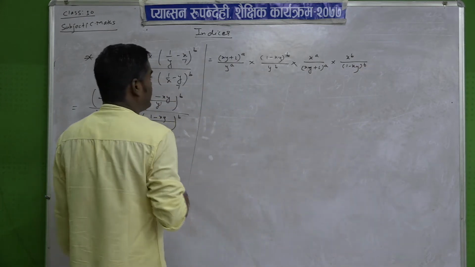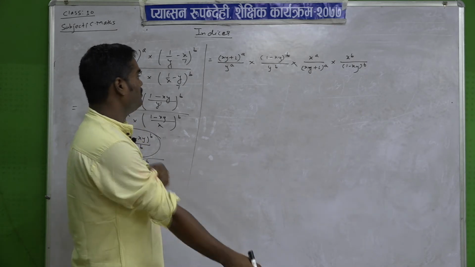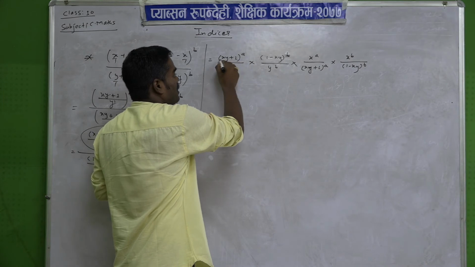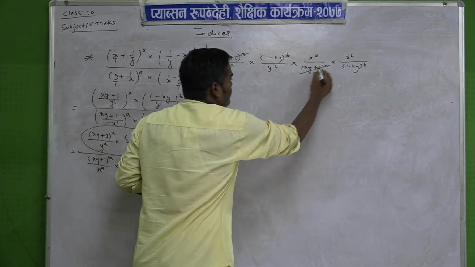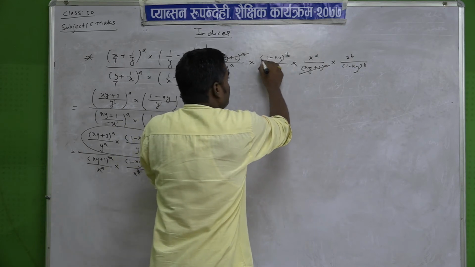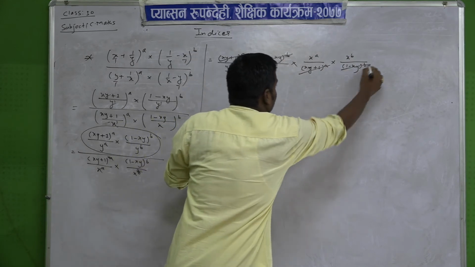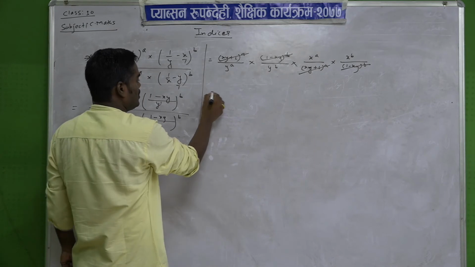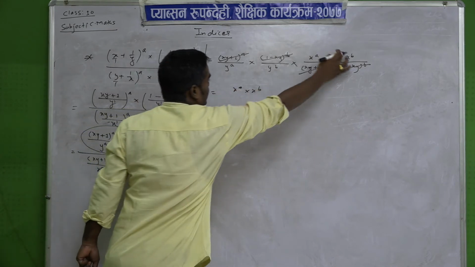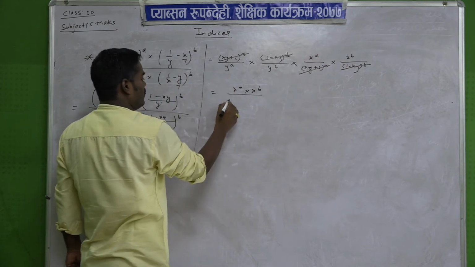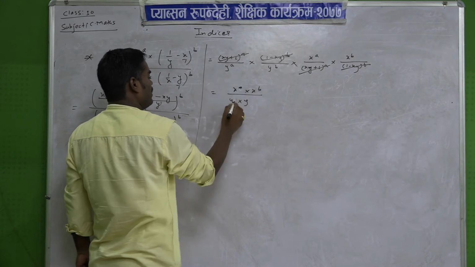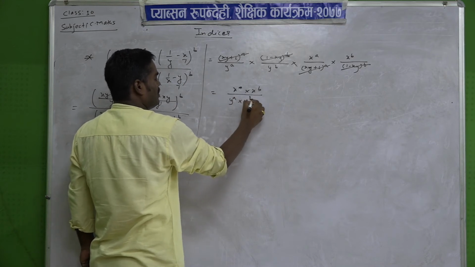Now, see, is there any common factor among them? So, cancel them. (xy plus 1) power a cancels with (xy plus 1) power a, and (1 minus xy) power b cancels with (1 minus xy) power b. So, what is left? x power a into x power b over y power a into y power b.